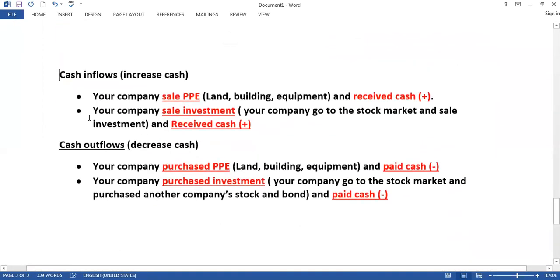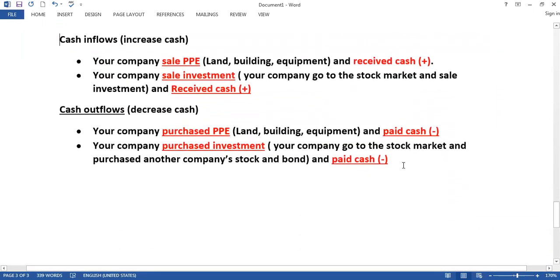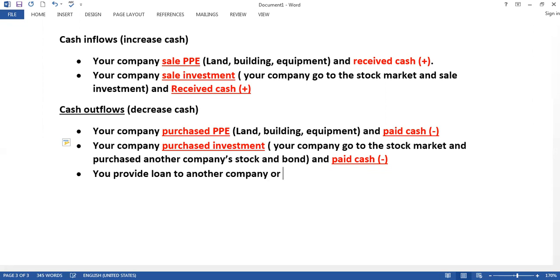Another example you can see here. Another example is you provide loan to another company or another people.